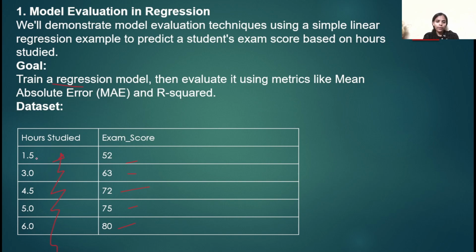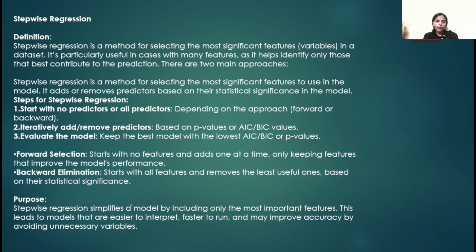A student who studied 1.5 hours has exam score 52, who studied 5.0 hours has exam score 75, who studied 6 hours has exam score 80. So this is our student exam score based on hours.